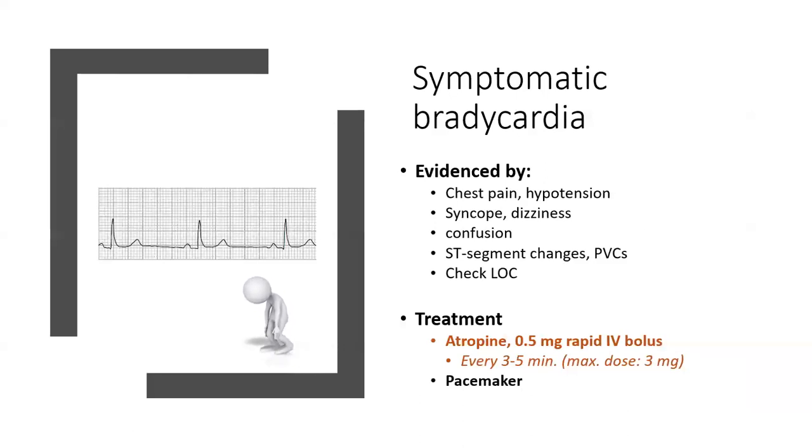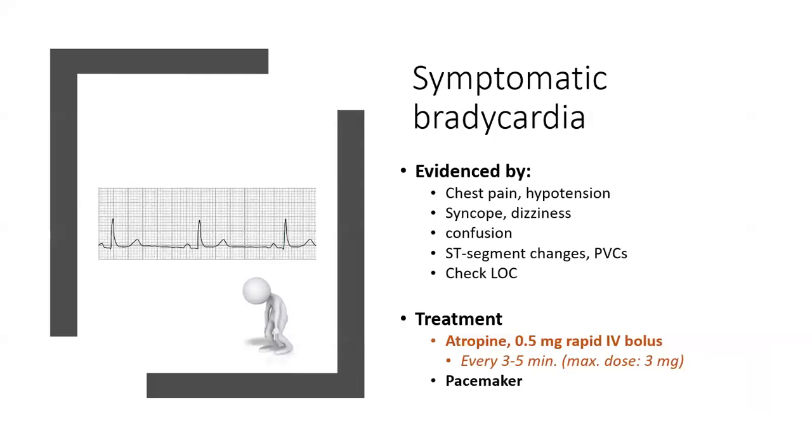However, when we start getting that symptomatic bradycardia, that's when we can start developing chest pain, hypotension, syncope, dizziness, confusion, ST segment changes, PVCs. So like I said, you want to assess the patient and determine the hemodynamic effects. So always check your level of consciousness. Because if all of a sudden the patient's heart rate is 35 beats per minute, you want to go assess your patient and see how their level of consciousness is.